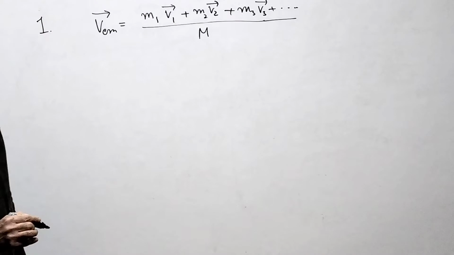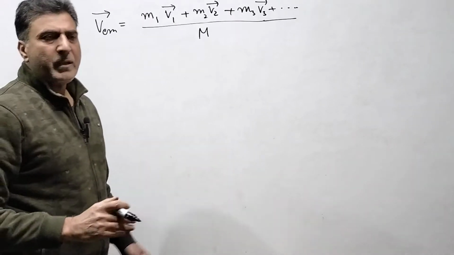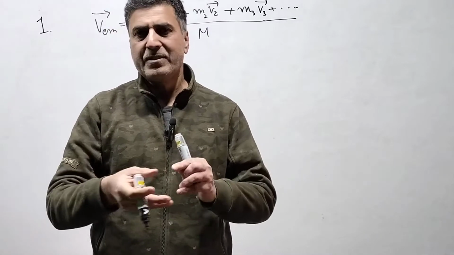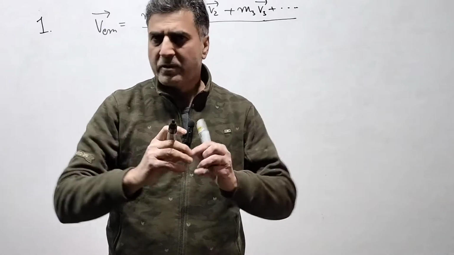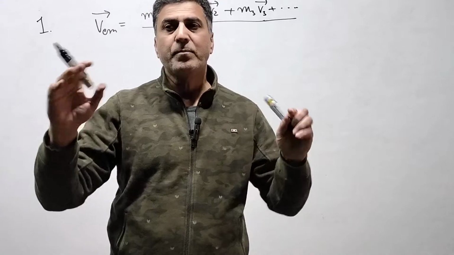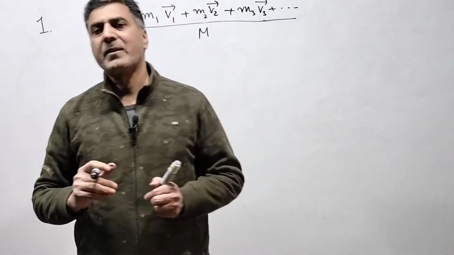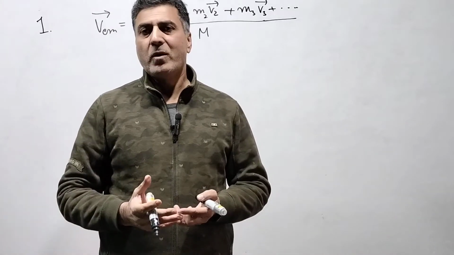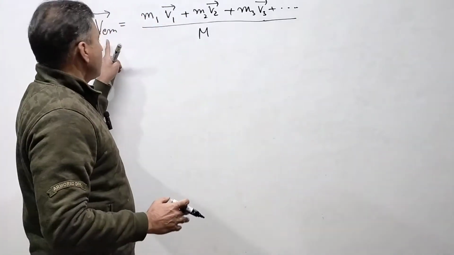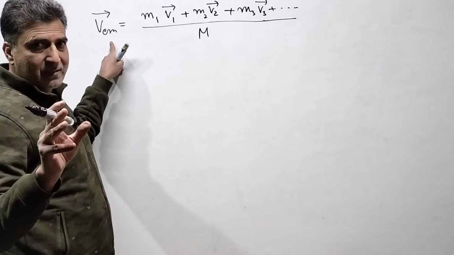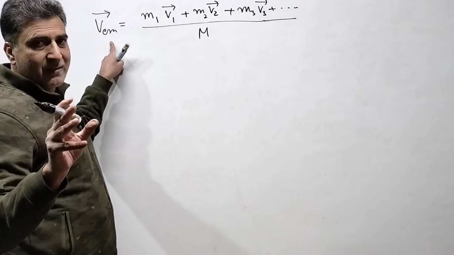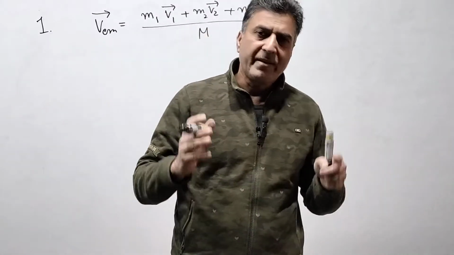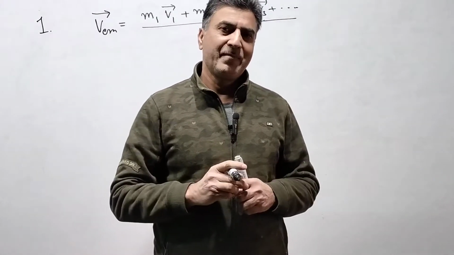Okay. So if there is no external force on the system, the bodies may be interacting with each other, they may exert force on each other, but there is no external force. If there is no external force on the system of these bodies, then the velocity of the center of mass of the system will either be at rest or move with constant velocity, right?